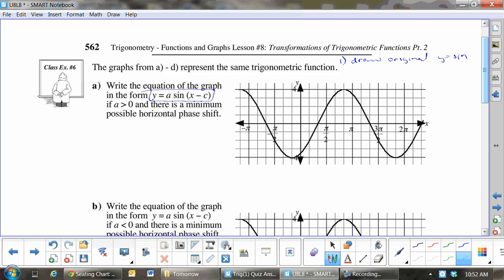If you don't know what y equals sine x looks like, then this is going to be pretty useless to you. Now remember, y equals sine x starts at 0. Here's 1 and here's negative 1. At pi over 2, it's there. Then it comes back down to 0 at pi. At 3 pi over 2, it's negative 1. And then it comes back to 2 pi. So here is what it started as.